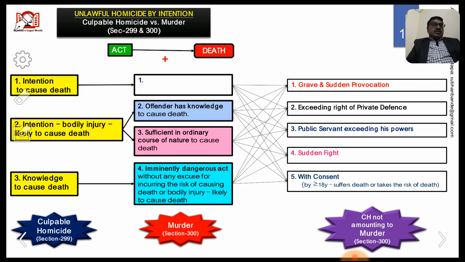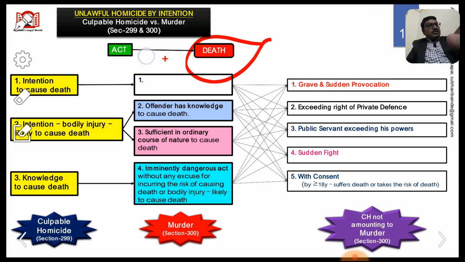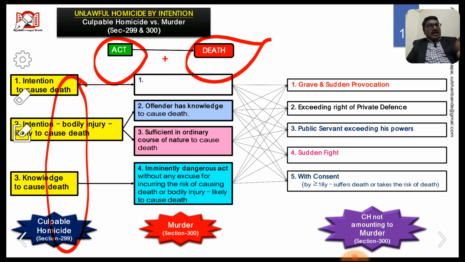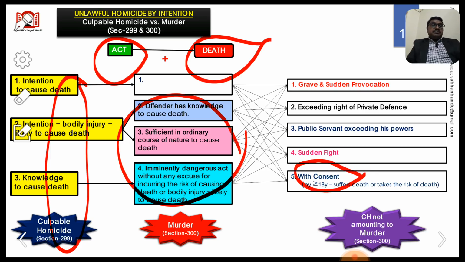The fifth exception is with consent. A person causes the death of another person through some act. He has mens rea, or he may also have the double mens rea, but he did that act with the consent of the victim. The age of the victim must be 18 or more than 18 years.